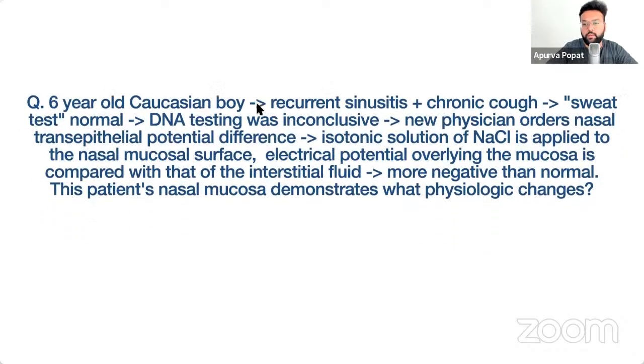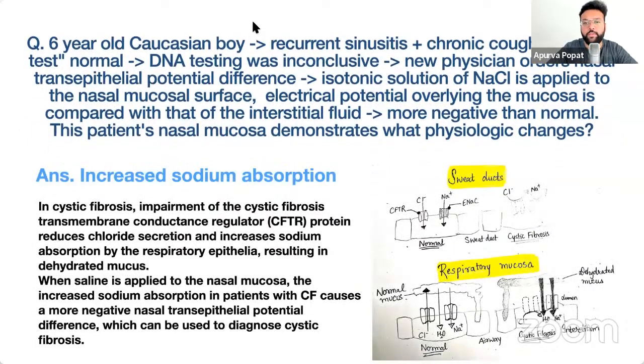So if you do the sweat chloride test, that's inconclusive. If you do the DNA test, that's inconclusive. The final test, if you are still suspecting that this patient has cystic fibrosis, is the nasal transepithelial potential difference, and it will turn out that it is becoming more and more negative.